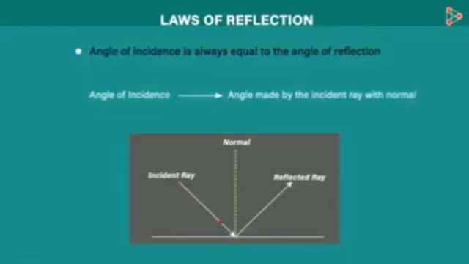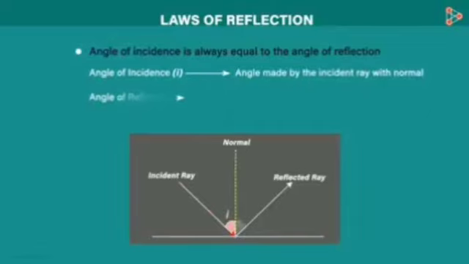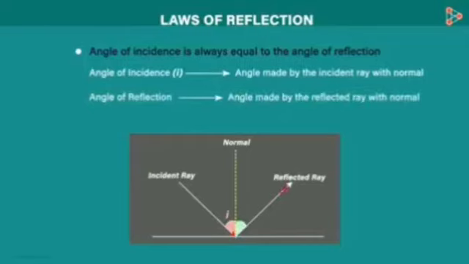The angle of incidence is the angle made by the incident ray with the normal. Then what do you mean by angle of reflection? The angle made by the reflected ray with the normal. This is represented by R, and the angle of incidence is represented by the small letter i.